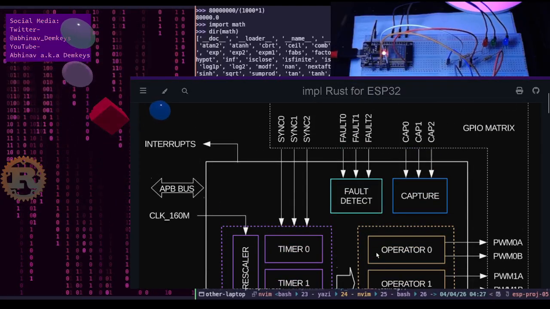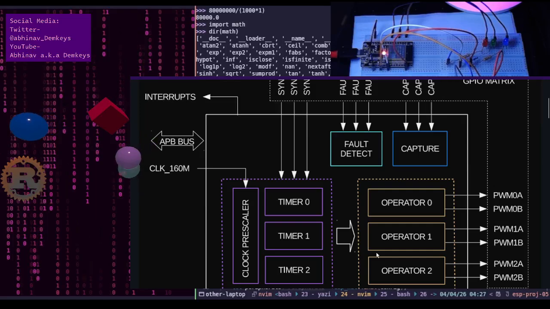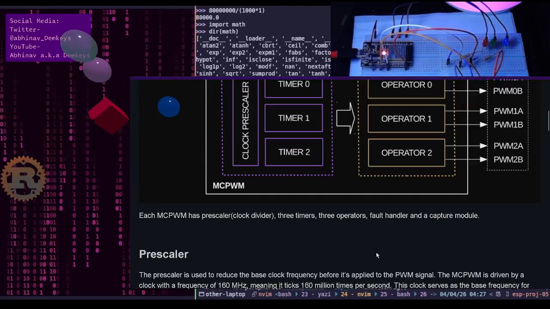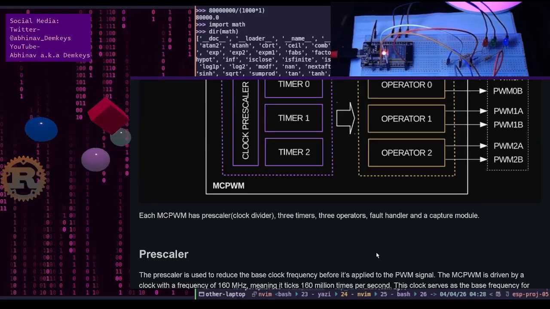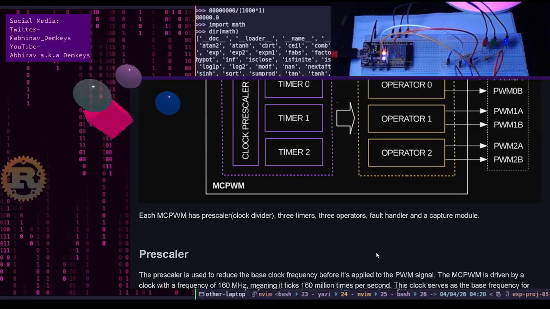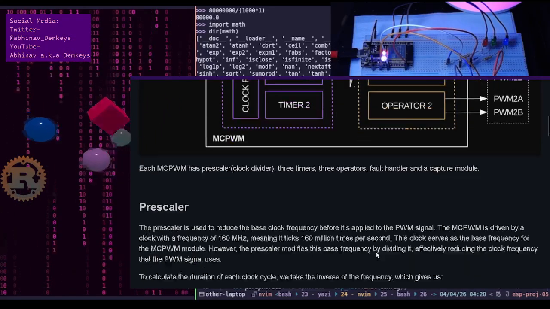Each MCPWM has a prescaler, clock divider, three timers, three operators, a fault handler, and a capture module.